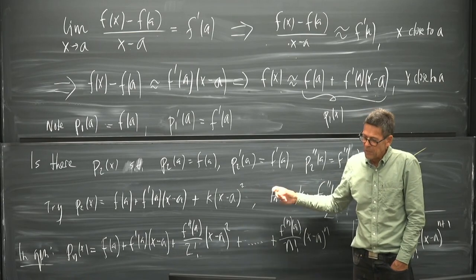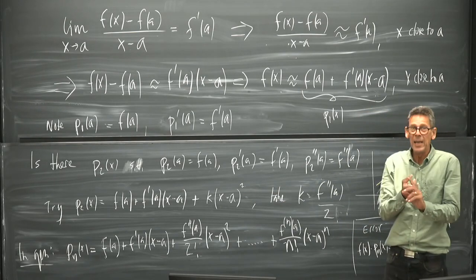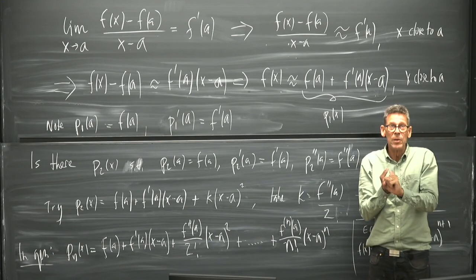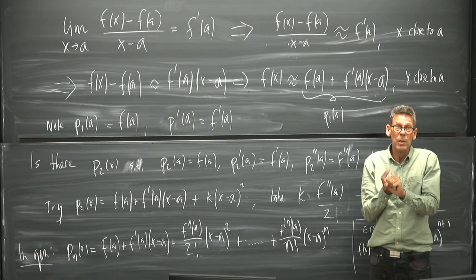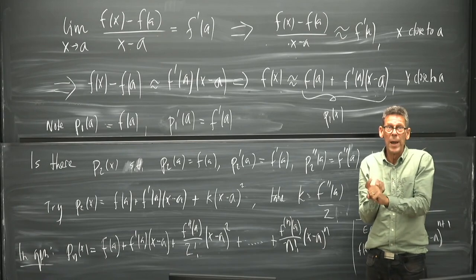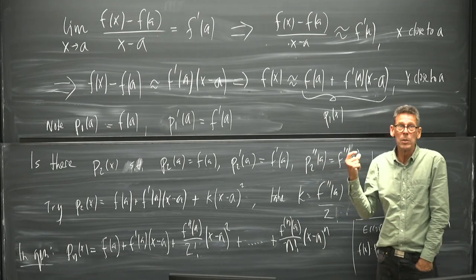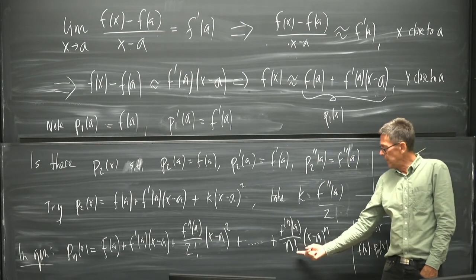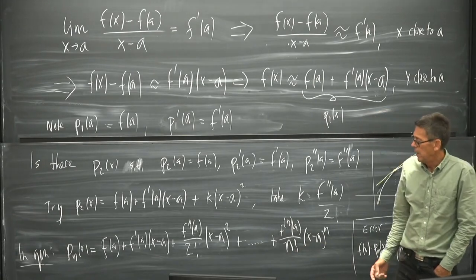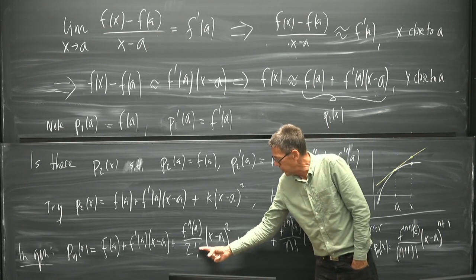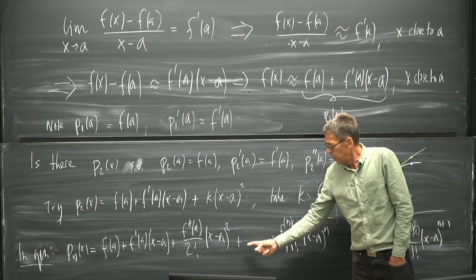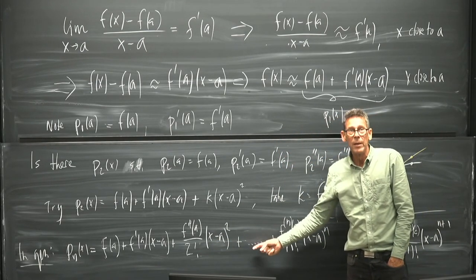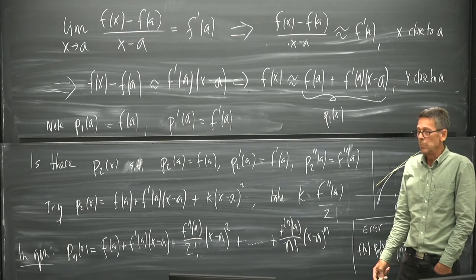So if you differentiate x minus a cubed 3 times, you get 3 factorial, 3 times 2 times 1. And similarly for the higher powers. So this is why you really need factorials here. Here it doesn't really matter. You can write just 2 or 2 factorial. They're the same. But from the third term here on, you really need the factorials to make it work.